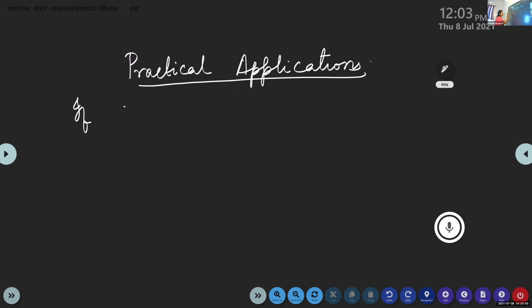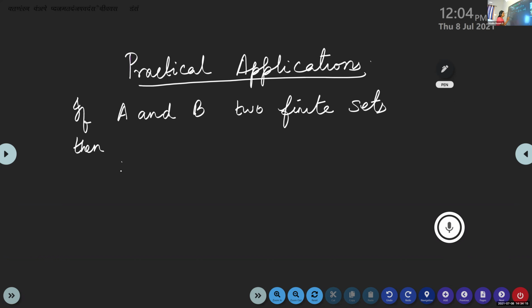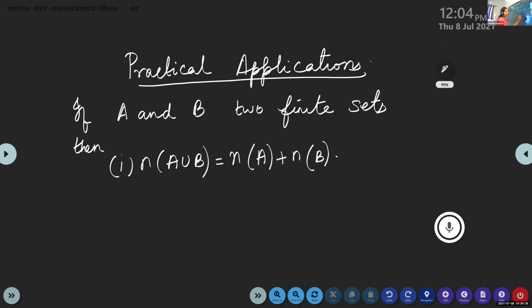The first formula: if A and B are two finite sets, then, listen children, you can write it afterwards, first listen. n of A union B, the number of elements in A union B, will be equal to n of A plus n of B minus n of A intersection B. That common elements we can subtract.